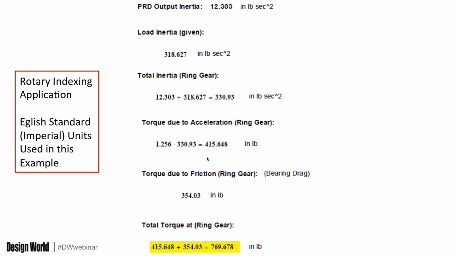So we've actually calculated what the acceleration is. Now it's an important element to find out the inertia. So we do have to take into account the inertia of the indexer that we are considering using. And this is actually at the output, which in our case is the gearing itself.